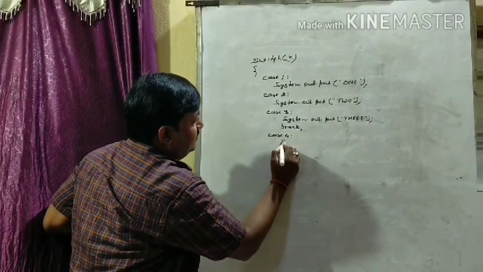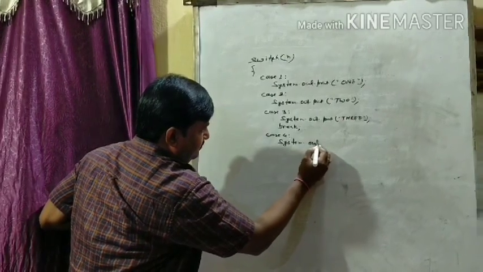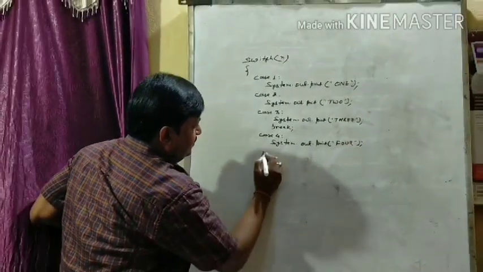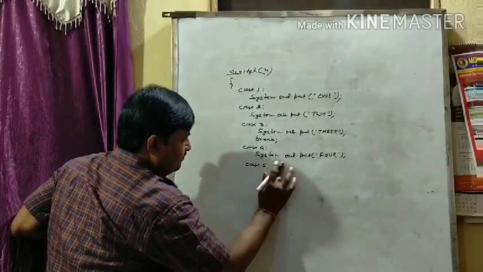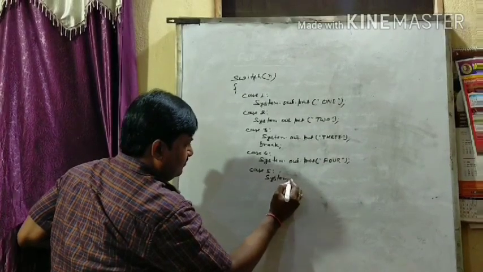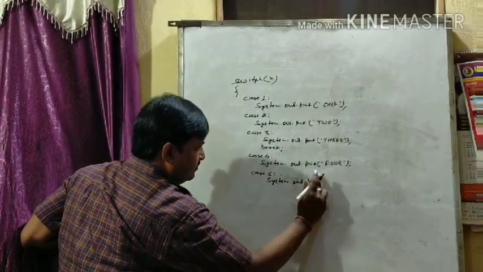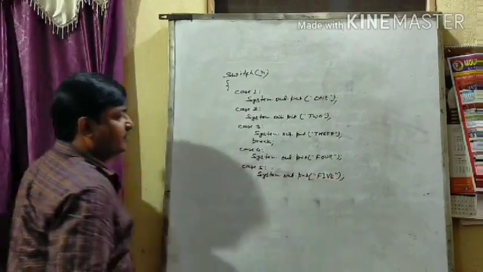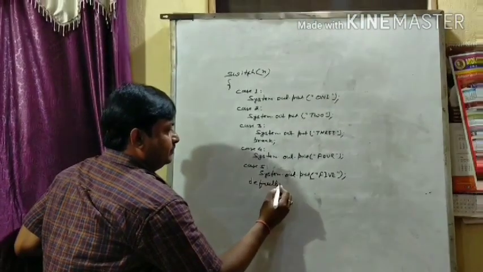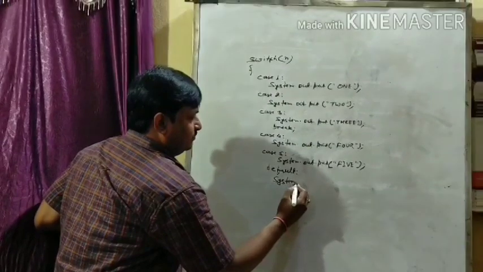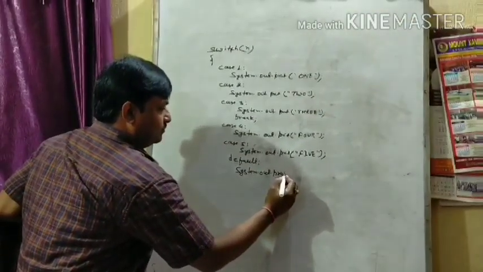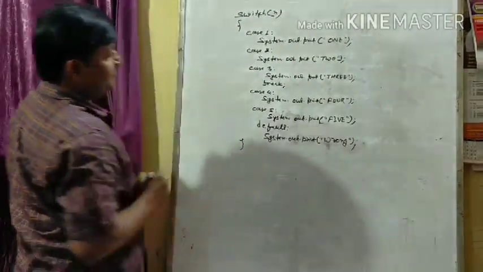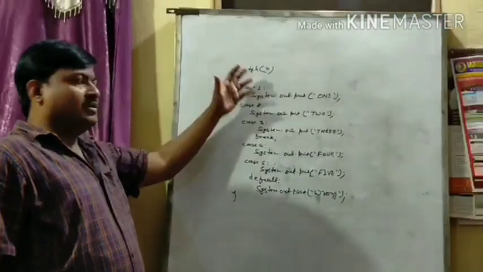In case 4, print 4. Case 5, print 5. Default: print wrong. This is one of the codes of a switch statement.